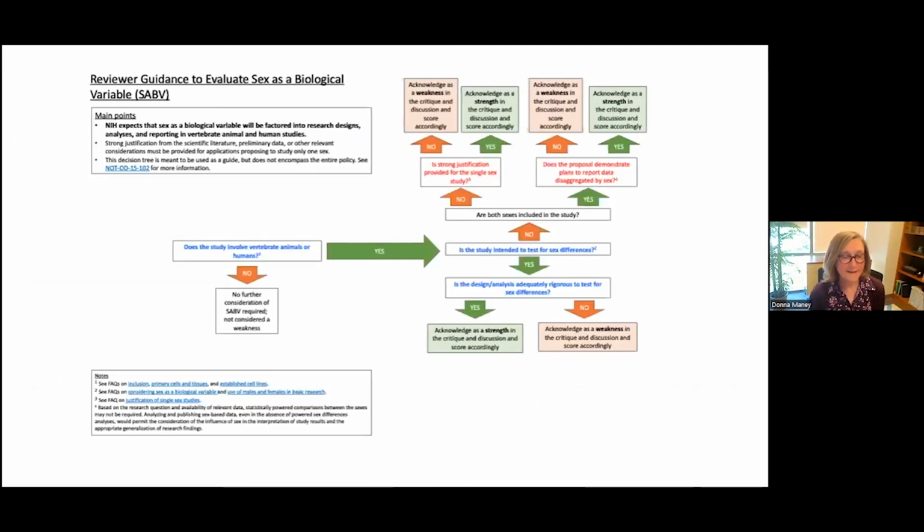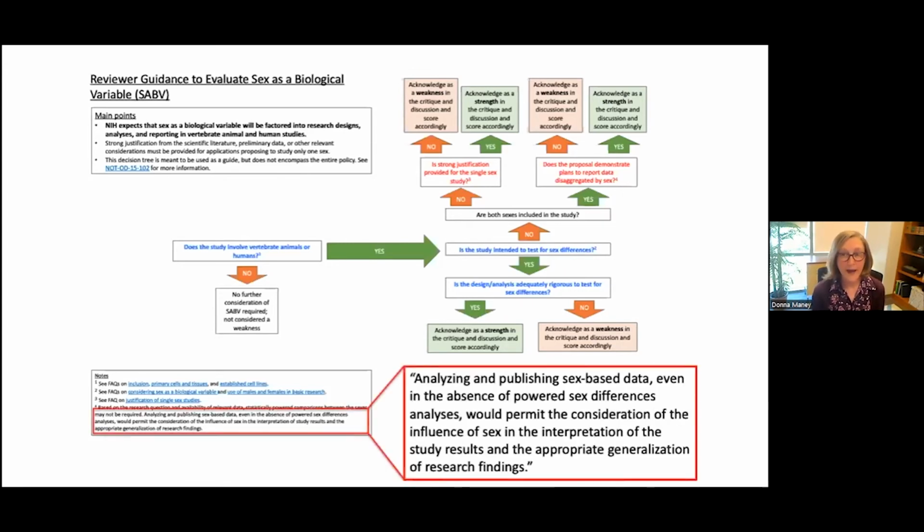So coming back to this reviewer guidance for a second, NIH does not require a doubling of sample sizes or for studies to be powered to detect sex differences. And I wanted to call your attention to the fine print here, which addresses power specifically. It advises researchers to analyze and publish sex-based data, even in the absence of power to detect sex differences.